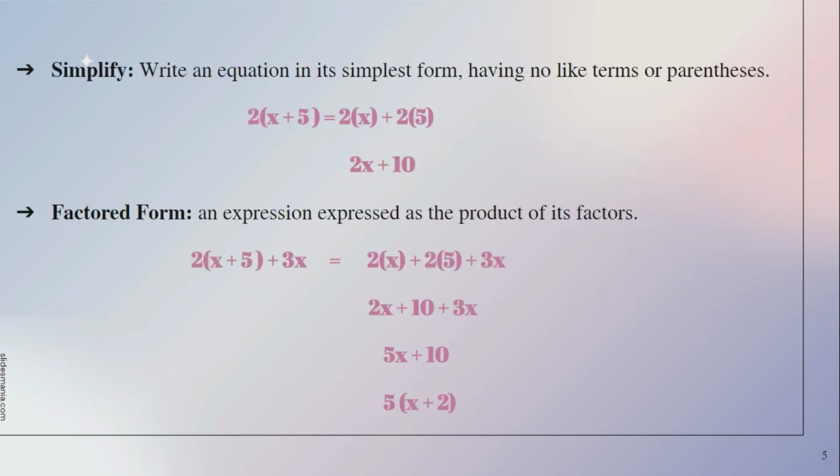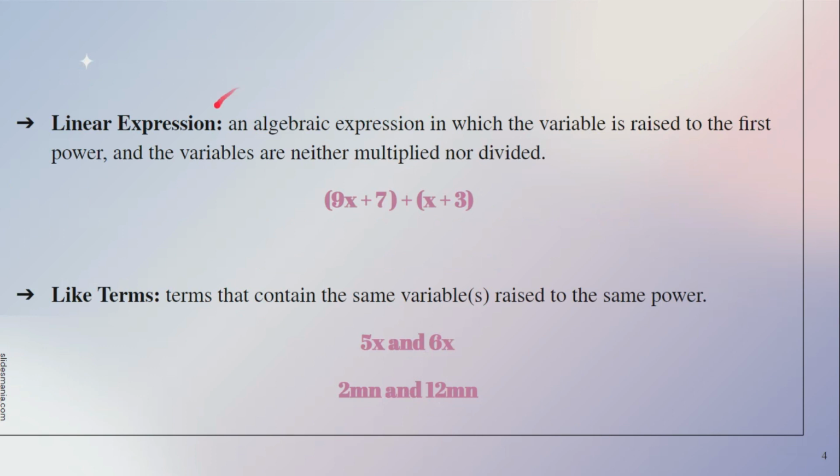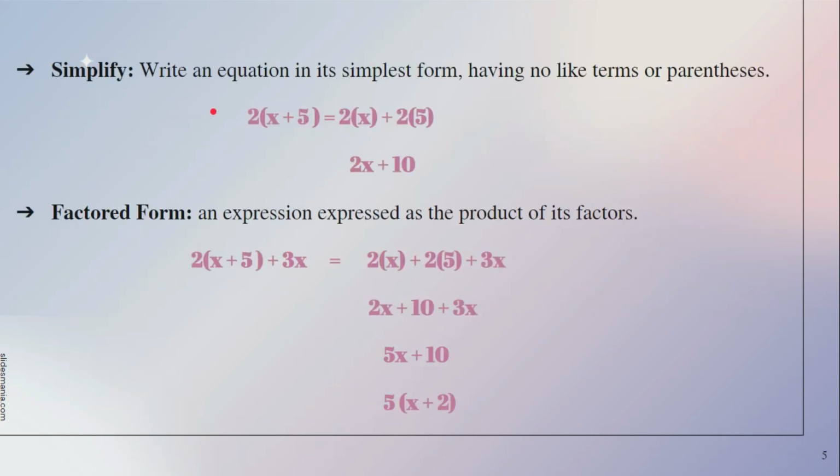Next we have the word simplify. An expression has been simplified when it no longer has parentheses or like terms. So here we've got the expression 2 as a coefficient and then x plus 5 inside the parentheses.